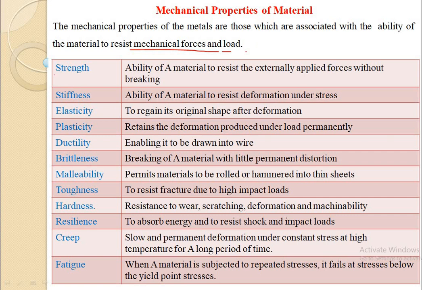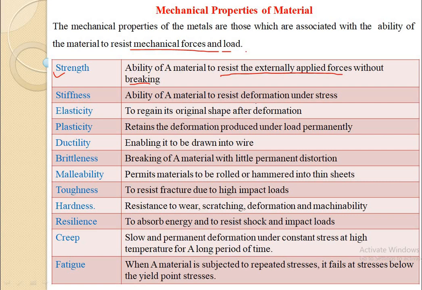So the first mechanical property that we are studying is the strength. What is meant by strength? Many times we say that this material has good strength, this component has good strength, but what is meant by strength? In simple language, strength is defined as the ability of the material to resist the externally applied force. And what is the condition? Without breaking.